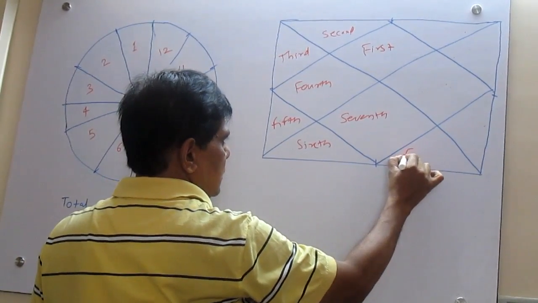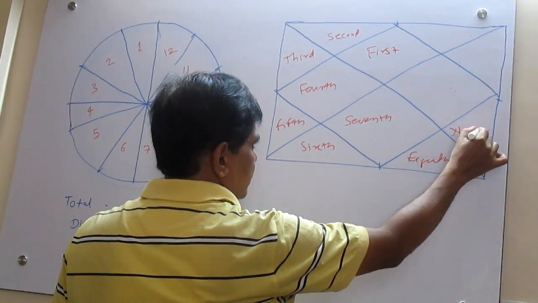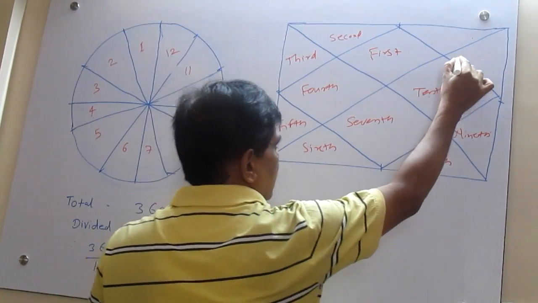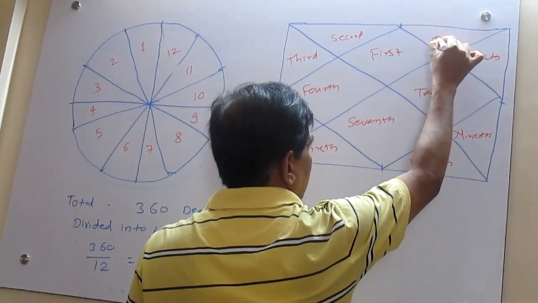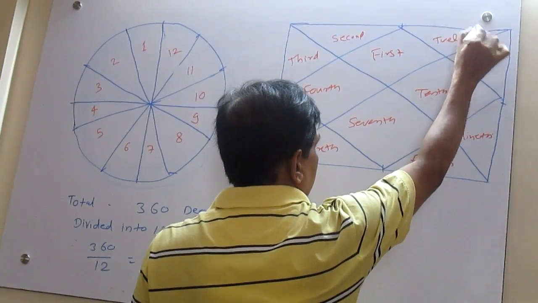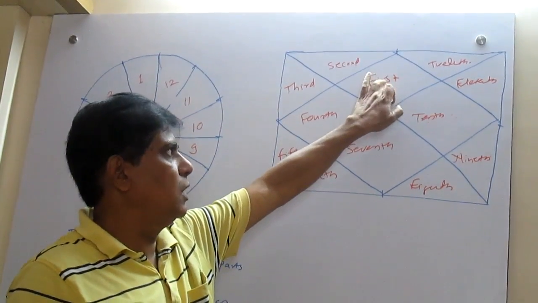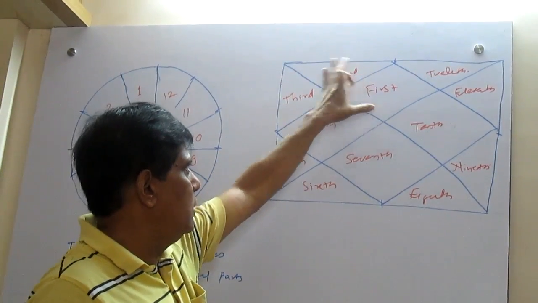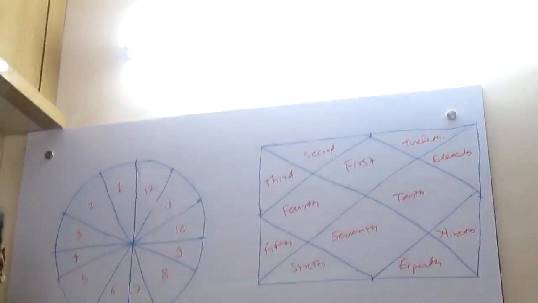This is eighth. This is ninth. This is 10th. 11th. 12th. This cubical structure is known as a house, and each is of equal degrees. So this is the birth chart of Janma Kundali.